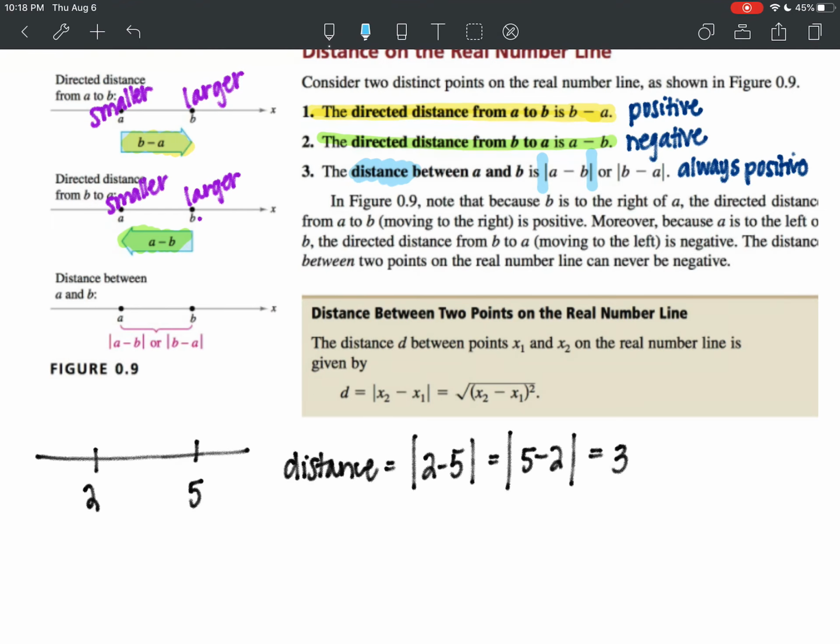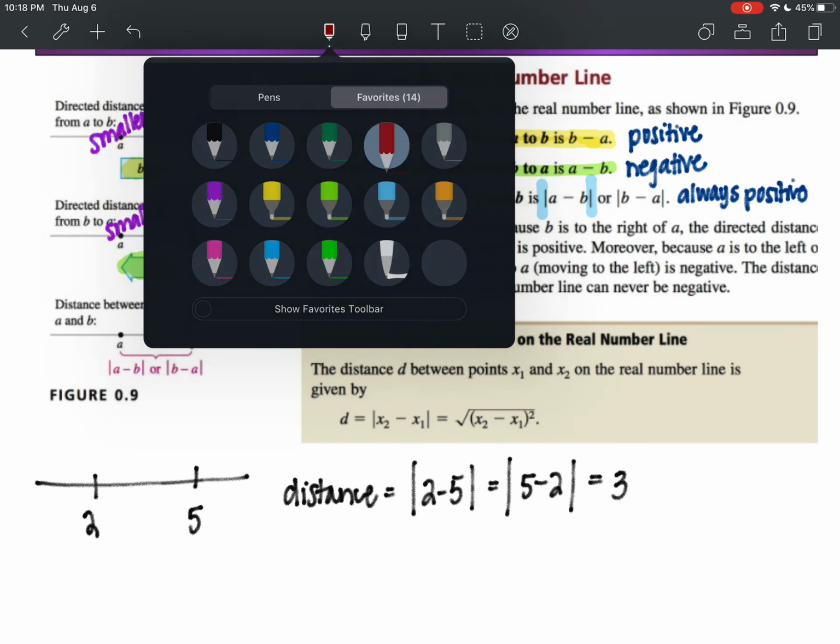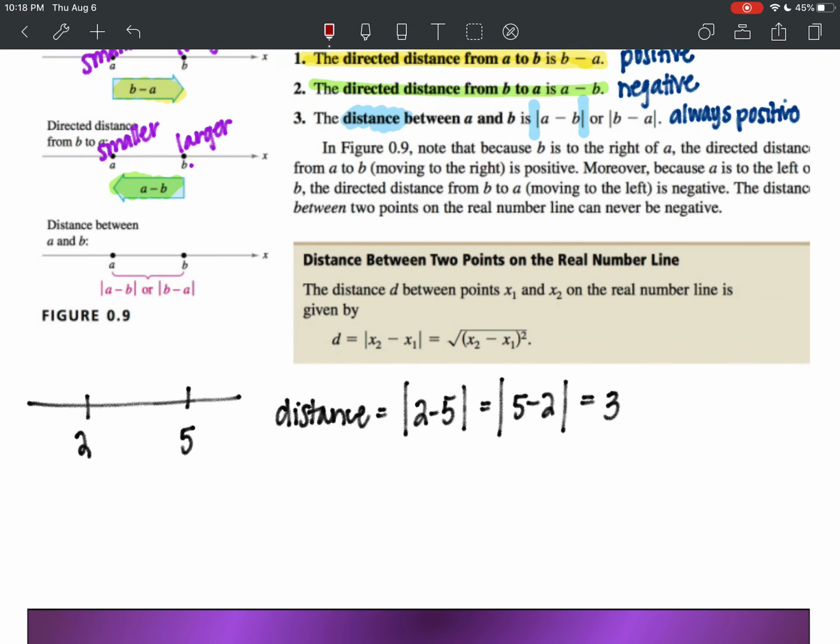But they're saying, hey, I can find and use another method of finding the distance using that radical. So the distance could equal the square root of 2 minus 5 squared.